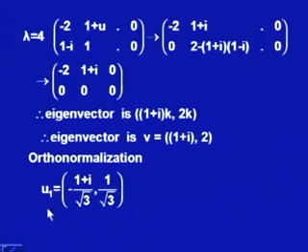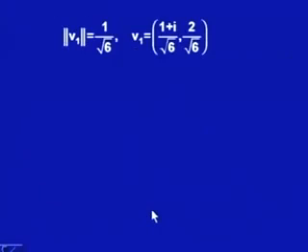So, in this sense u1 is equal to (minus 1 plus i) by root 3, comma, 1 by root 3. This is what we have obtained after normalizing the given vector u, and this is a row vector because I am not writing the transpose here. So, u1 is an orthonormal vector; its magnitude is 1.